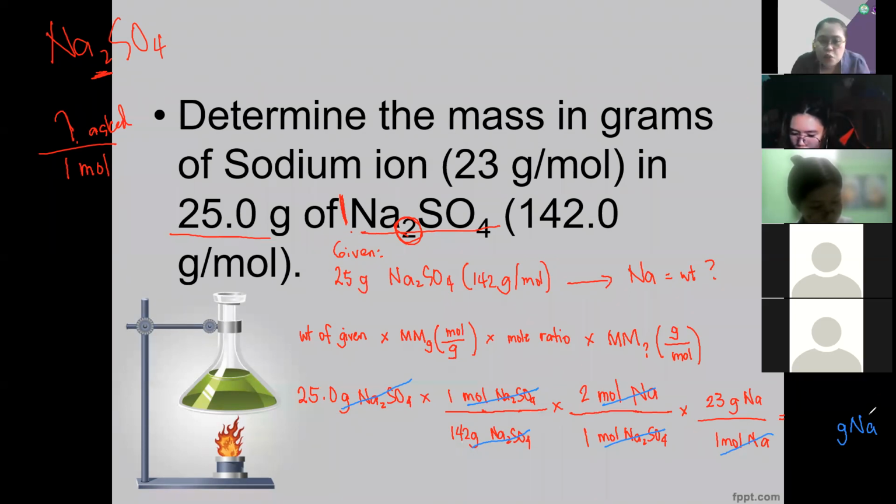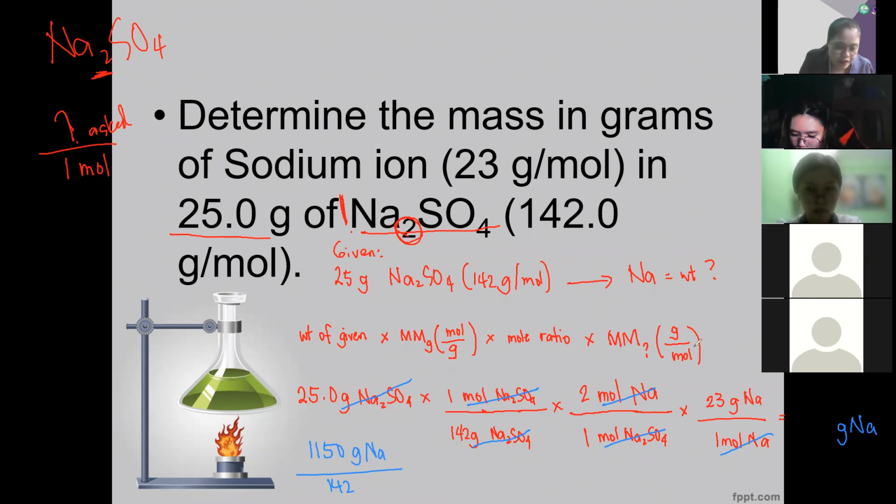And then, dediretsuhin lang natin siya. Let's just do the math. Let's start sa taas: 25.0 times 1 times 2 times 23. So that is 1,150 grams of sodium, divided by 142 times 1 times 1, parehas lang, 142.